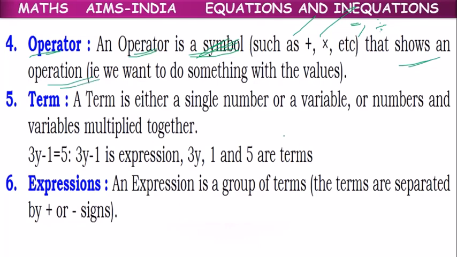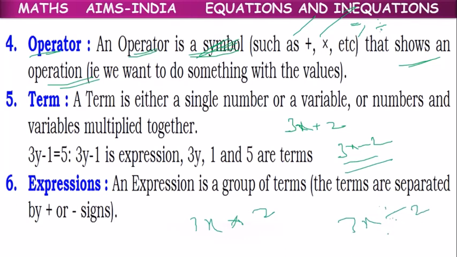If there is plus, we have to do the sum. If there is a minus operator, we have to do the difference. If there is into, we have to do multiplication. If there is divided by, we divide to get the quotient.